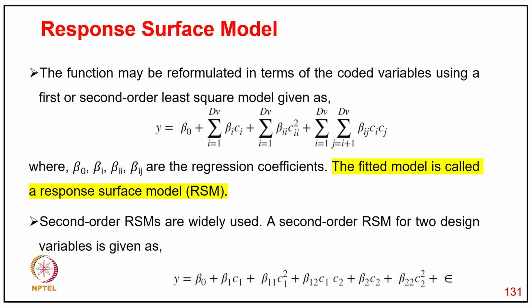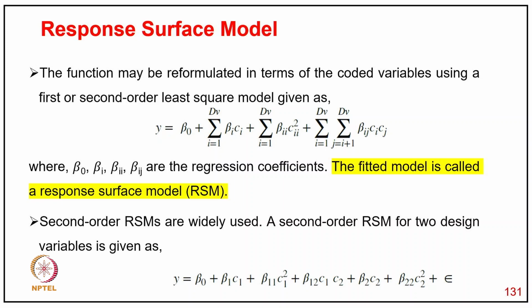So the function may be reformulated in terms of coded variables using a first or second order polynomial model, y equal to beta 0 plus summation i equal to 1 to dv of beta i c i, plus summation of beta ii c i square, plus summation over i less than j of beta ij c i c j, where beta 0, beta i, beta ii, beta ij are the regression coefficients, and the fitted model is called a response surface model, RSM, and second order RSM are widely used.